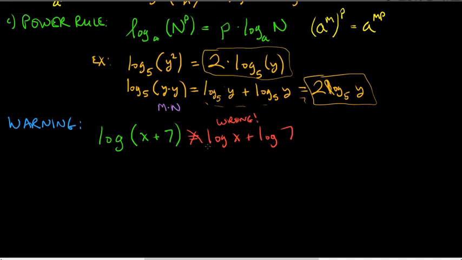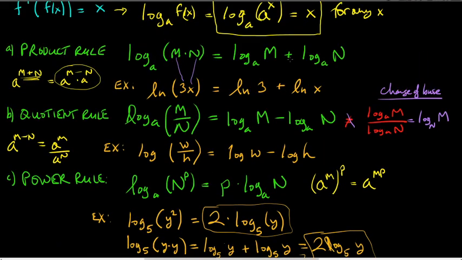And here's why. Look at this thing on the right. Log x plus log y. That should remind you of log m plus log n. That's right here, on the right side of the product rule. So you can rewrite this going backwards. You can write it as the log of m times n.